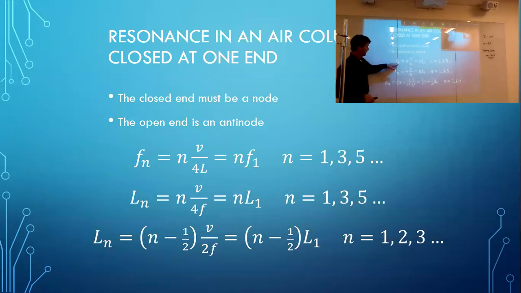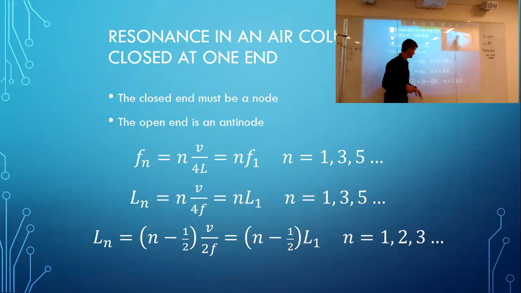So again, here is our equation for the frequencies of an open-closed resonator. You can see there's some number n, which is an odd integer, times the speed of sound. Why the speed of sound? Because to relate the frequency to the wavelength, we've got to throw in the velocity.